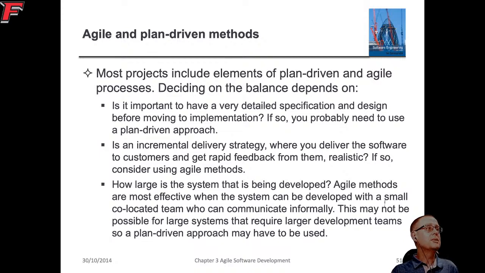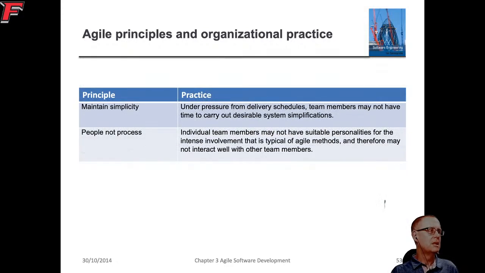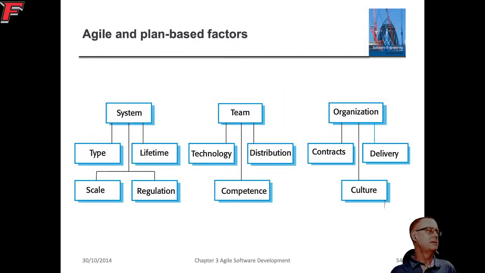And I'm not going to read through this. Right, so this is just some of the things that we need to do within an organization for Agile. And these are some of the things that impact the way we deliver things.